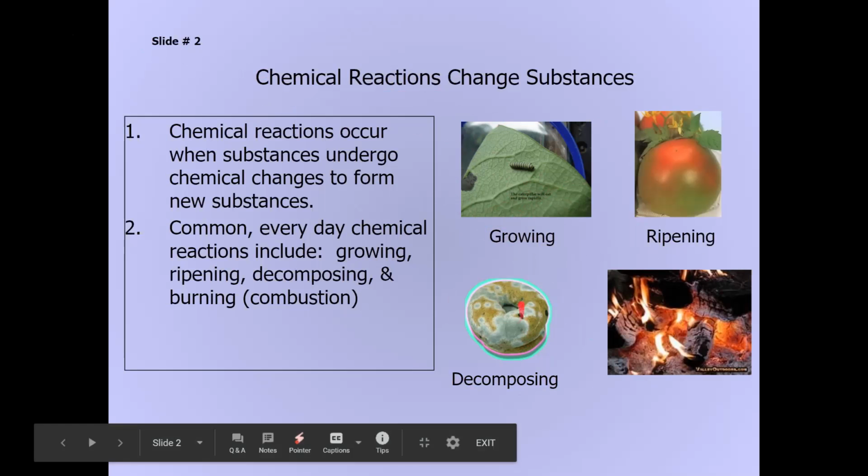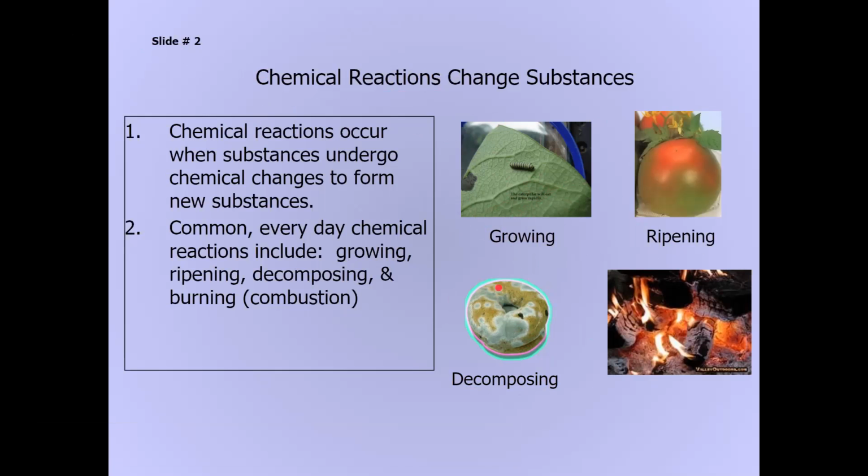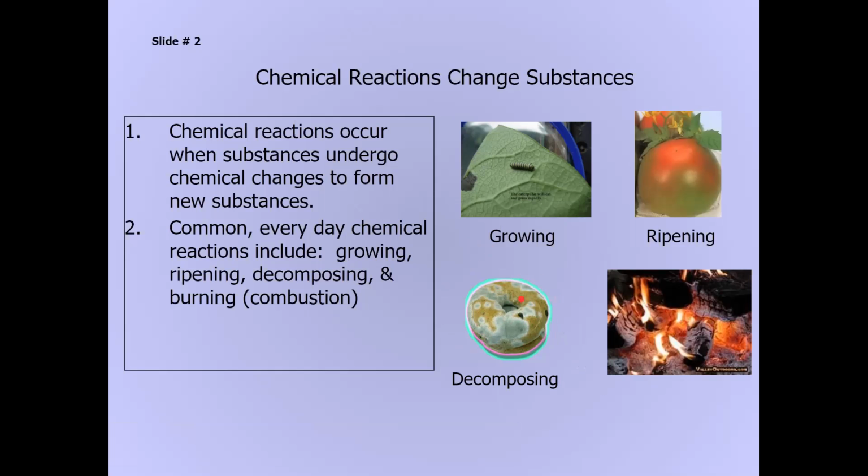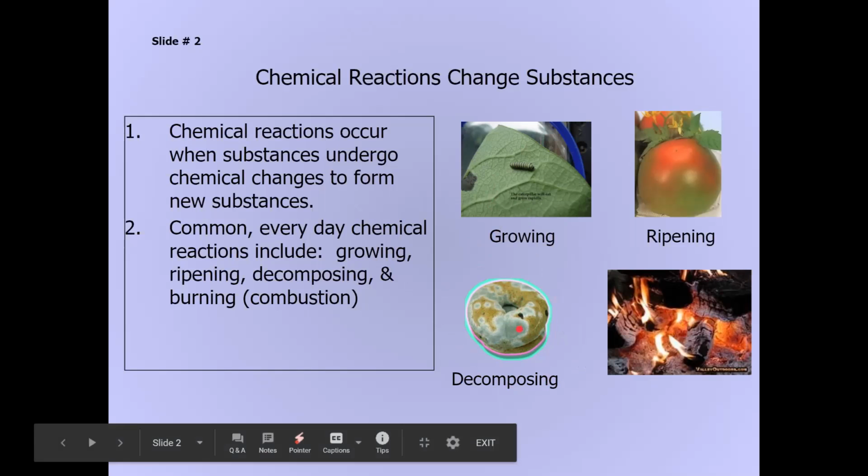But this bagel or donut or whatever in the world it used to be is having all of the starch and flavor molecules in it broken down and consumed by the mold and bacteria that's growing on the bagel, and they're turning it into energy. And so just like with the growing, we're breaking down one set of chemicals and changing them into a new set of chemicals. We're breaking down bagel chemicals and turning them into cellular energy chemicals that this mold or bacteria is using.